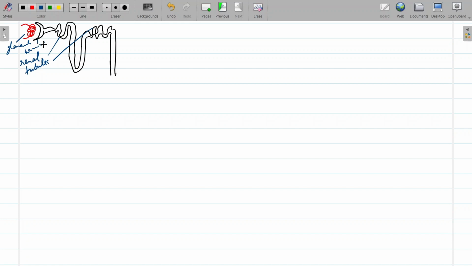And this part over here, we're not talking about. Let's just take this whole thing as the renal tubule. And then this over here is the collecting duct, which goes all the way to the pelvis, to the ureter.